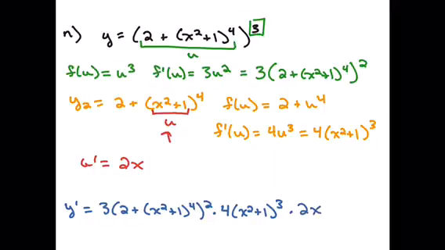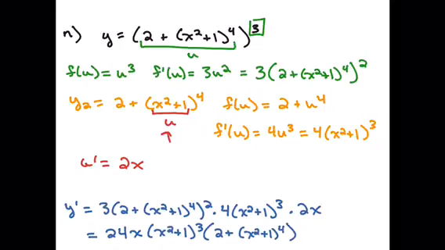So we multiply that down here, and if we clean this up, putting my coefficients together, I get 3 times 4 times 2 is 24x times (x squared plus 1) cubed times (2 plus (x squared plus 1) to the 4th), all squared. And that would be my final answer.